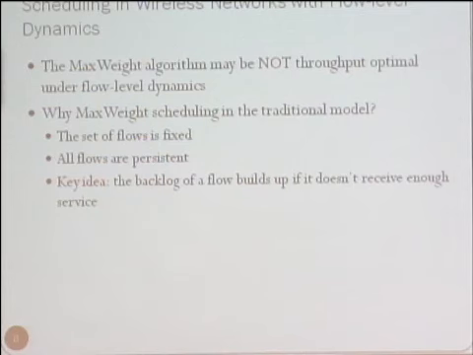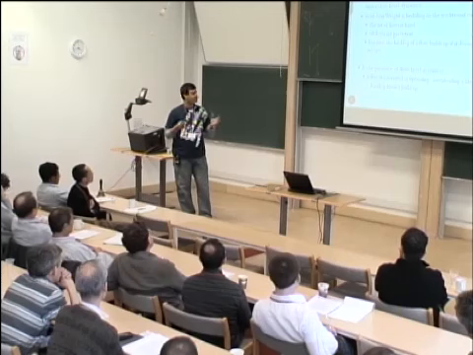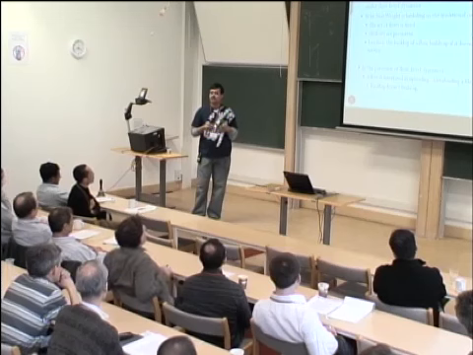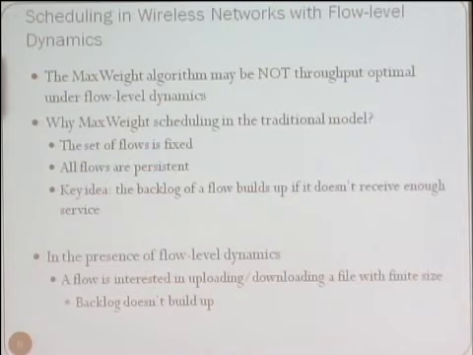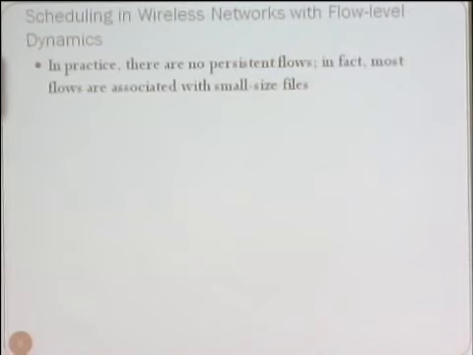Whereas here, a flow is interested in uploading and downloading a file of a fixed size, so backlog never builds up. So backlog is not a good indicator of anything in this network. So we need something else to schedule flows when there are flow-level dynamics.